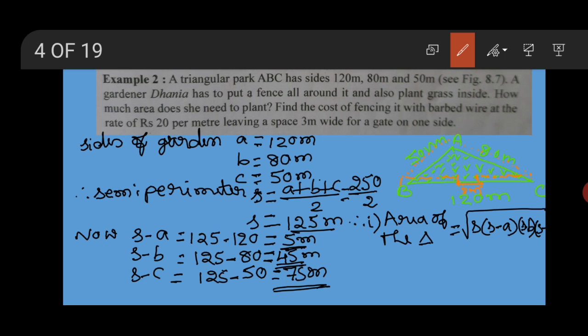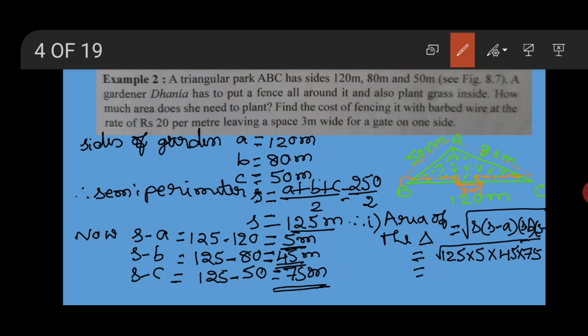Write down carefully. Substitute the values. s is equal to what? 125 into s minus a is 5, s minus b is 45, and s minus c is equal to what? 75. Now simplify again.